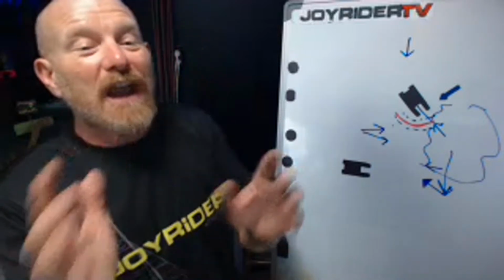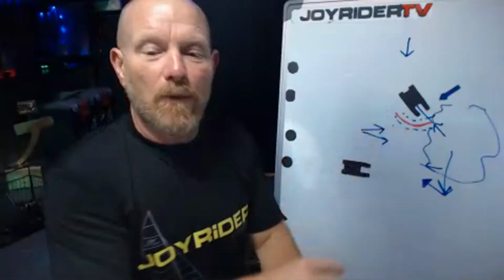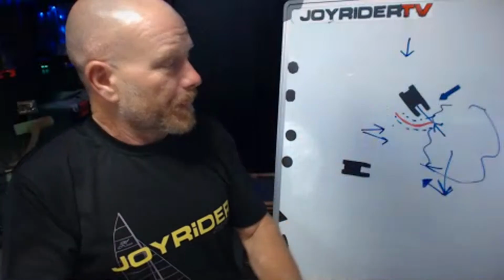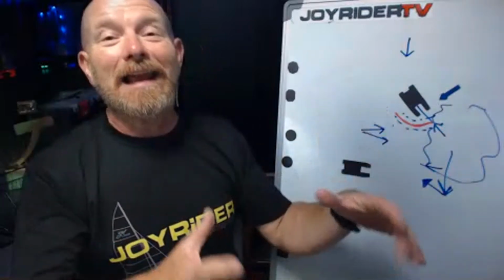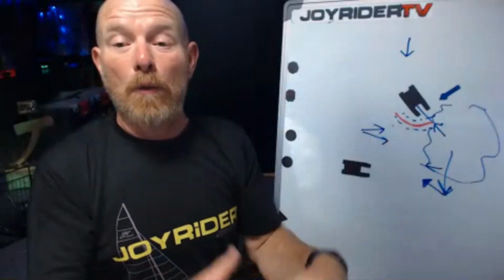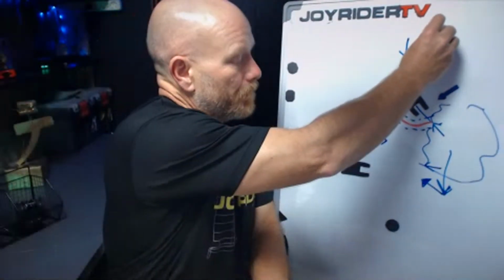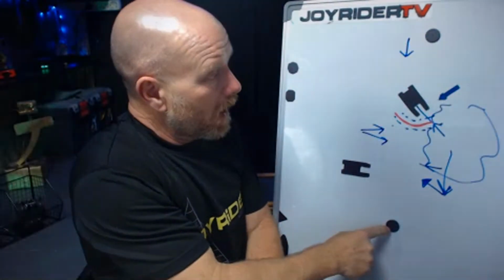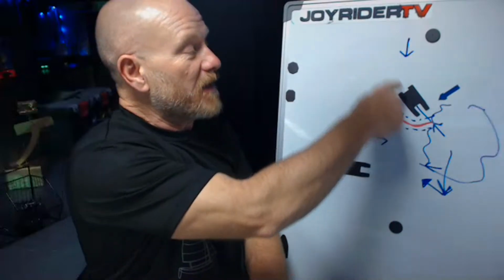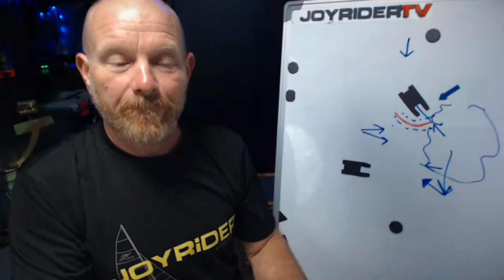But generally, when we're talking about sailing with the spinnaker, we're talking about sailing as deep and fast downwind as possible. So if we're sailing from this mark to this mark, then that is what we're going to be doing there.